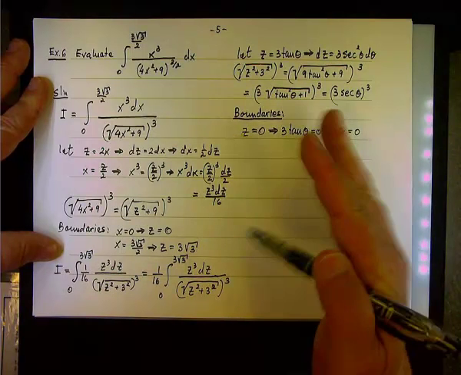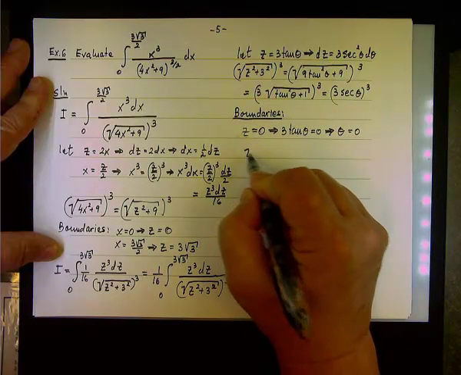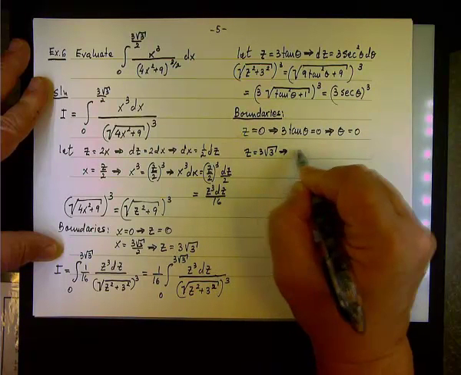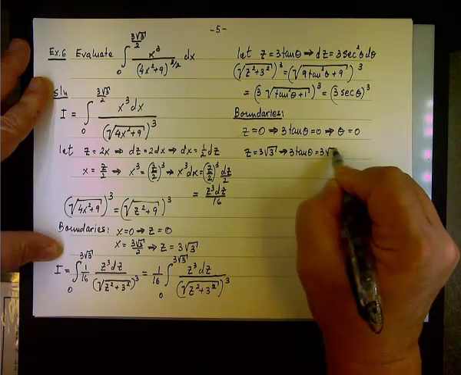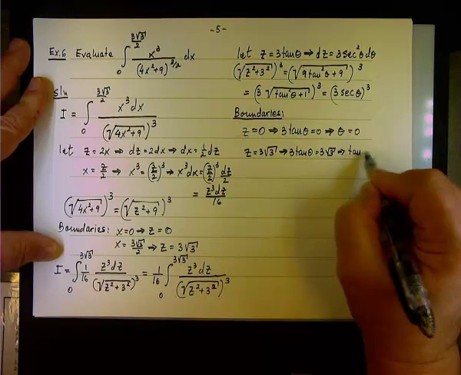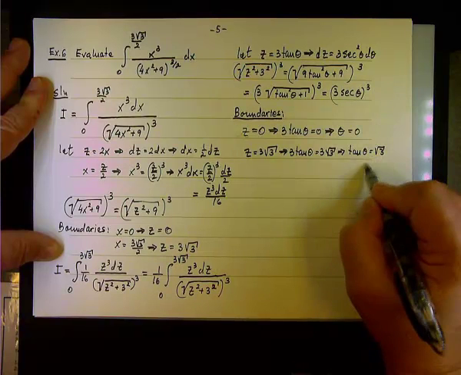On the interval, remember, tangent goes from negative pi over 2 to positive pi over 2. When z equals 3 square root of 3, then 3 tangent theta equals 3 square root of 3, or tangent theta equals square root of 3, so theta equals what?